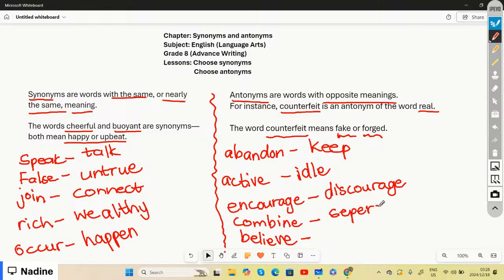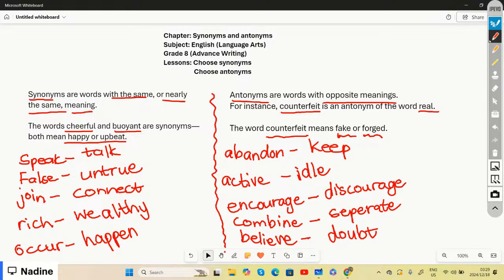It's not together. And if you don't believe in someone or something, the opposite of believe is to doubt. And these are words that are antonyms, and antonyms are words with opposite meaning.